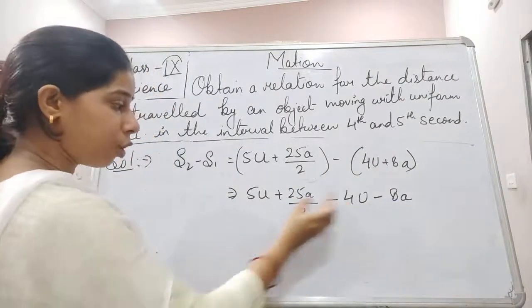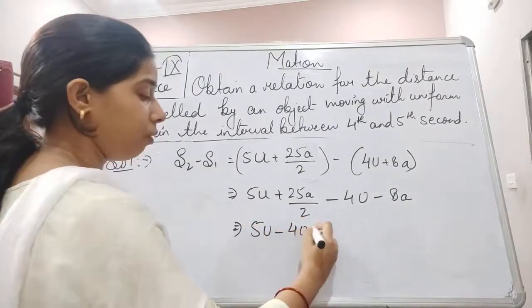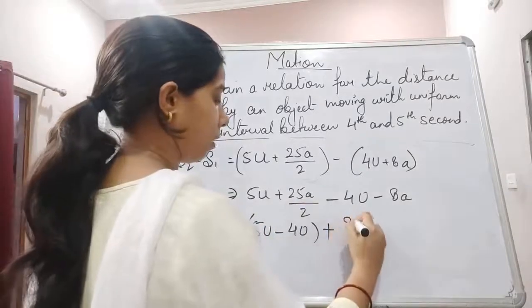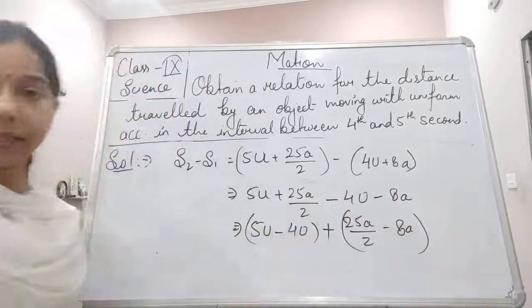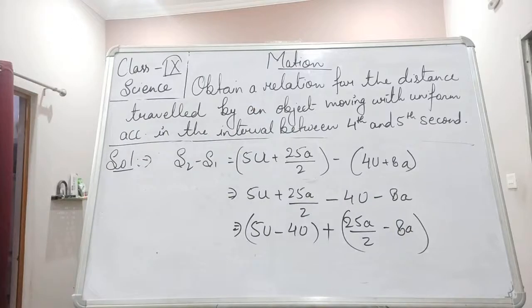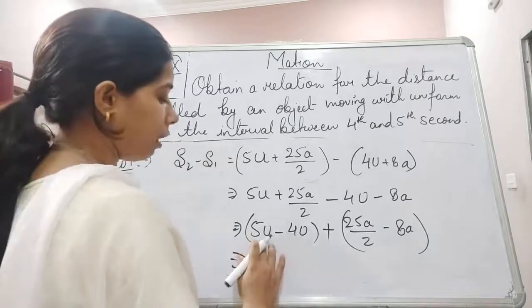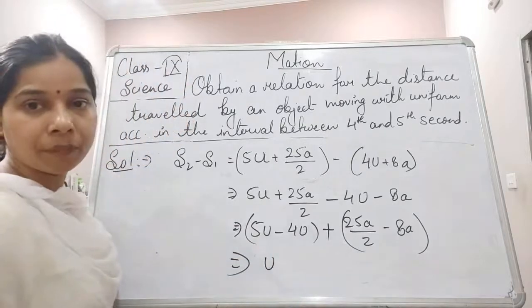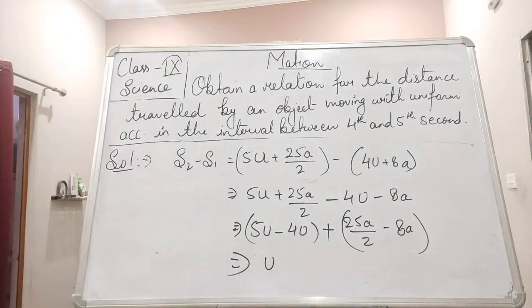So it will become 5u minus 4u plus 25a upon 2 minus 8a. It will be like this, students. Now you can see 5u minus 4u becomes 1u, that is, u only. 5 minus 4 is 1, so simply u.